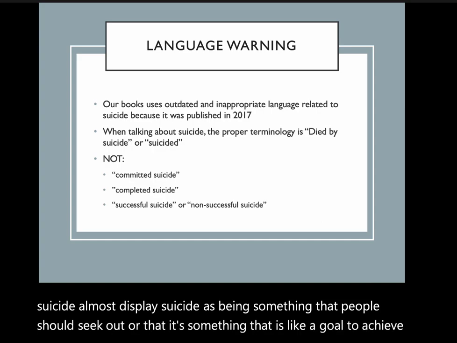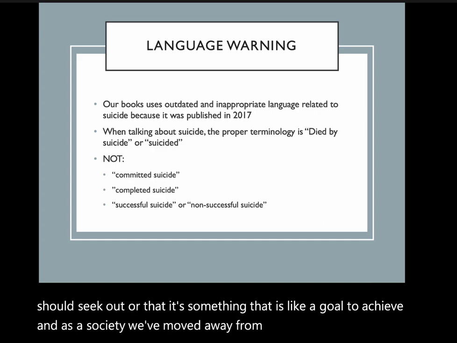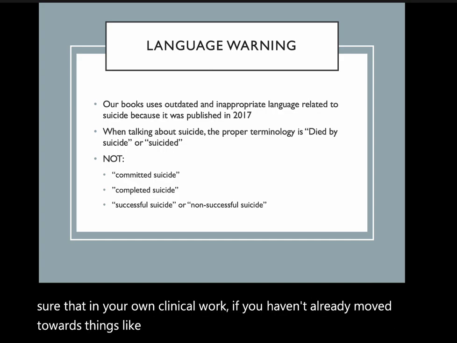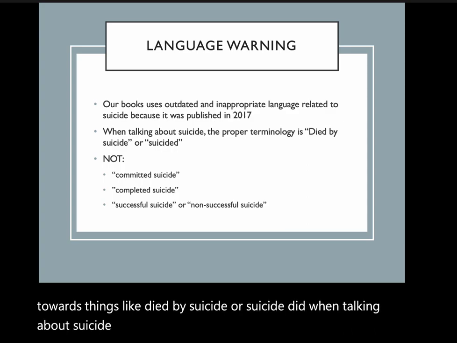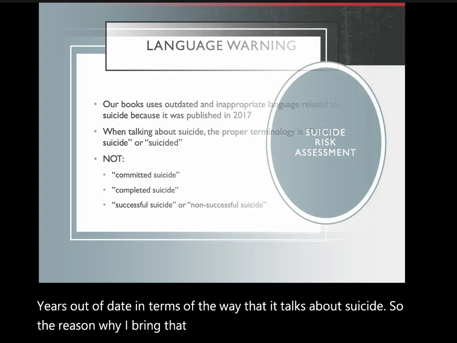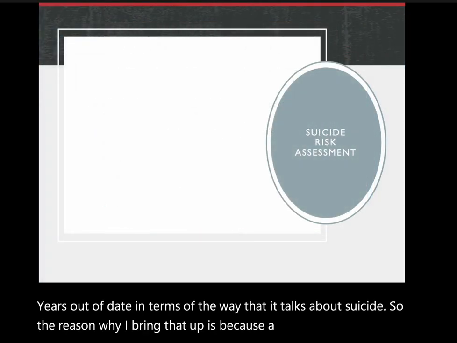And as a society, we've moved away from this language. So make sure that in your own clinical work, if you haven't already, move towards things like died by suicide or suicided when talking about suicide. So just keep in mind that our book is out of date in terms of the way that it talks about suicide.